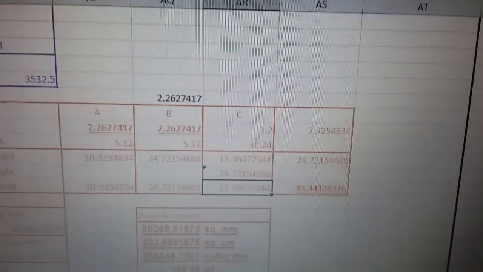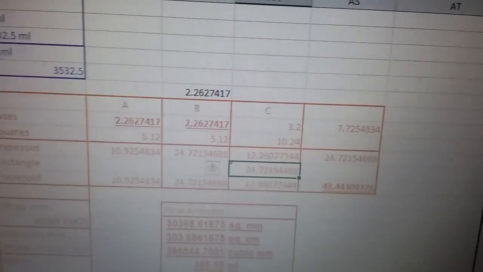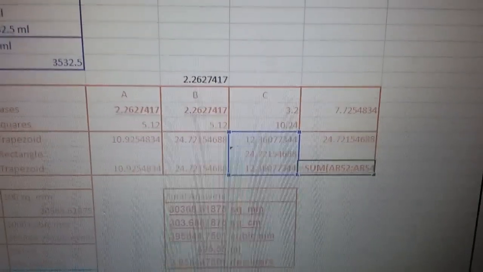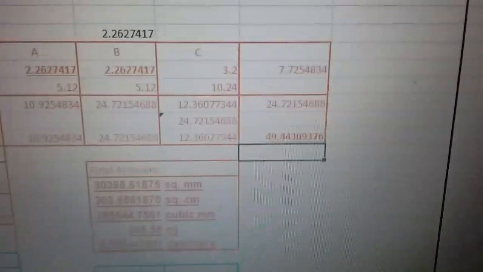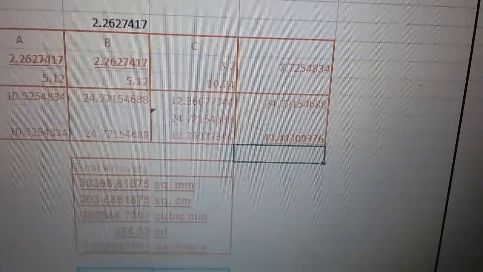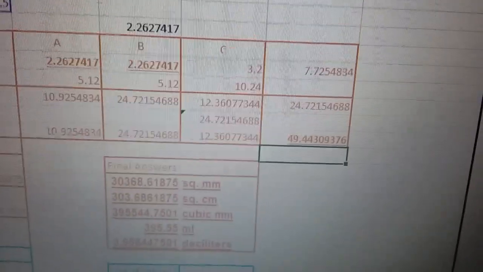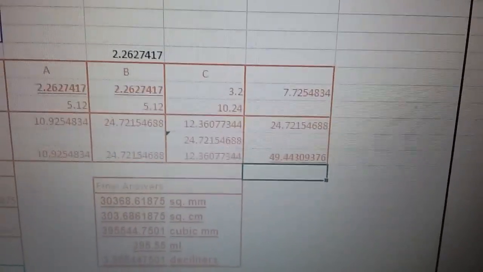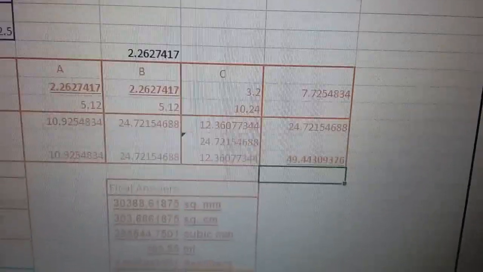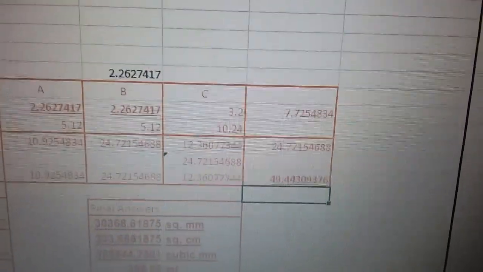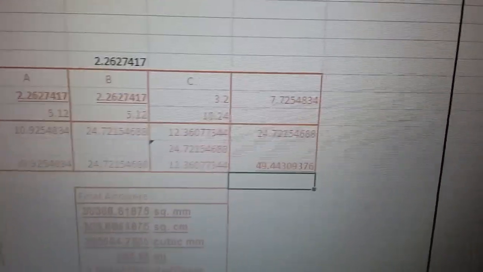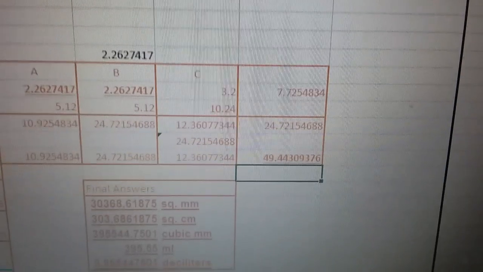Tapos ito yung length. Tapos ito yung kinuha ko. Then what I did afterwards, ito yun. Sinam ko yung tatlo. Once I summed everything up, we should get 49.44309376. So that must be the area of one octagon. Now, if you were asking me about the SOHCAHTOA method, please watch part 2 of this. Thank you.